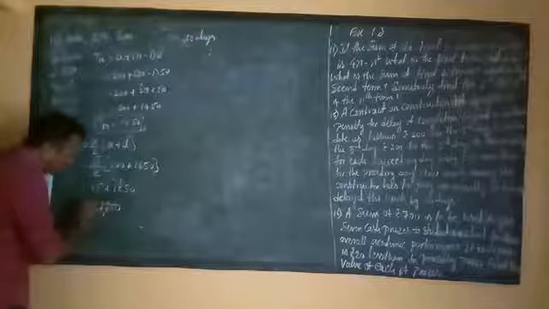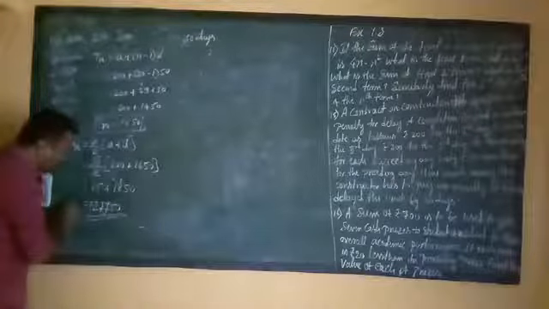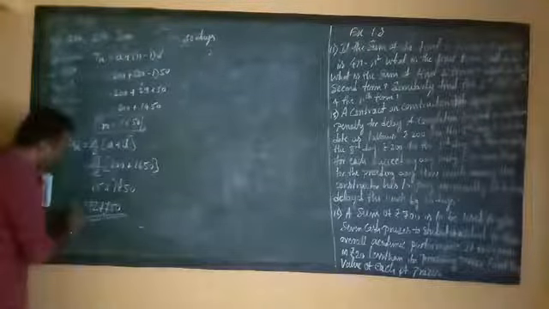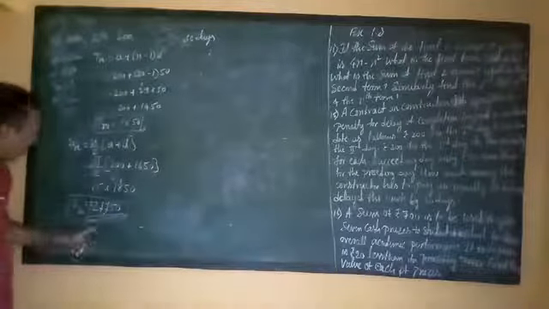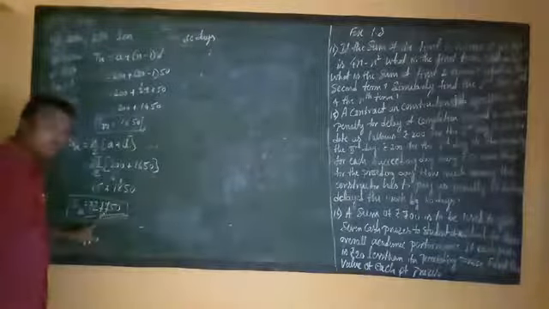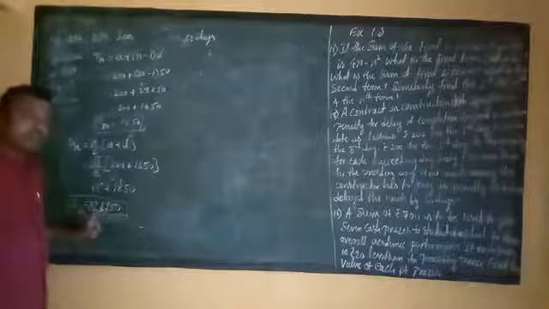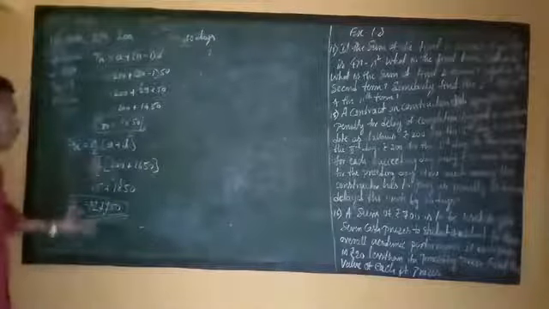So he has to pay a total penalty of rupees 27,750. Understand, students? Like that we have to solve it and practice it at home.